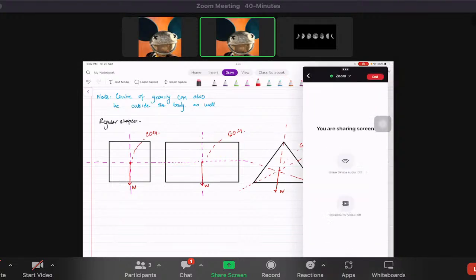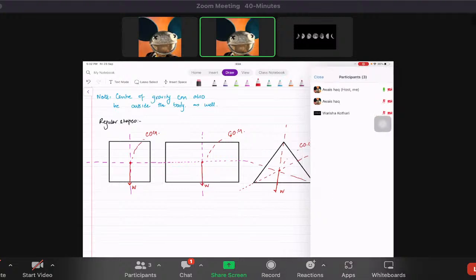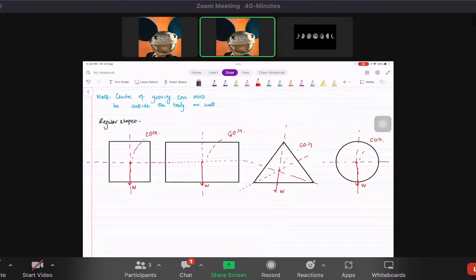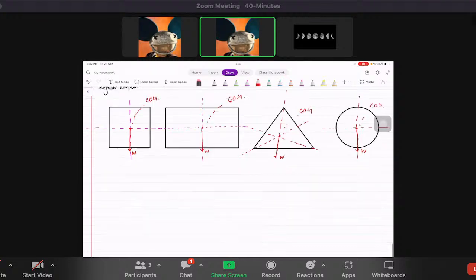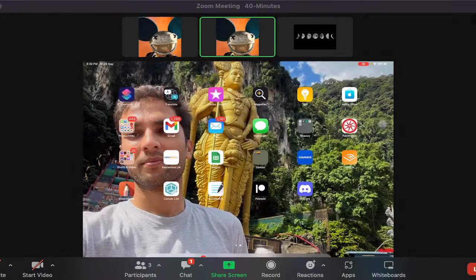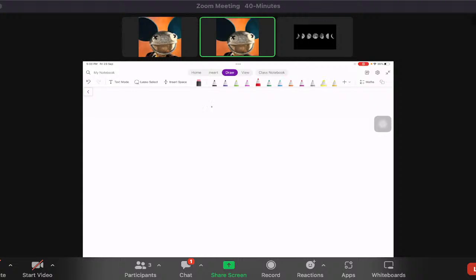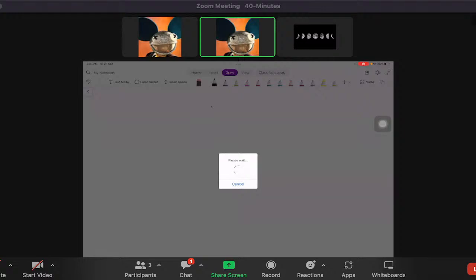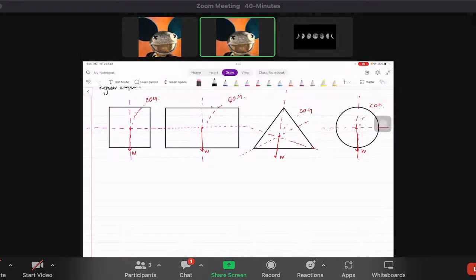Okay. Now, the real issue is that sometimes the shapes aren't regular. And if the shapes are not regular, for that you basically don't need to do any experiment.